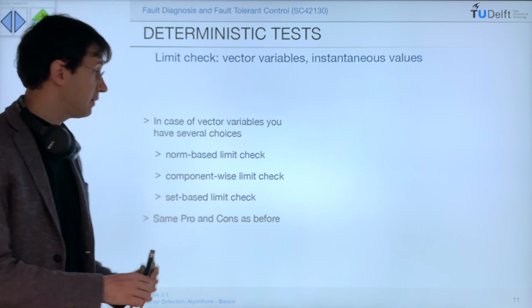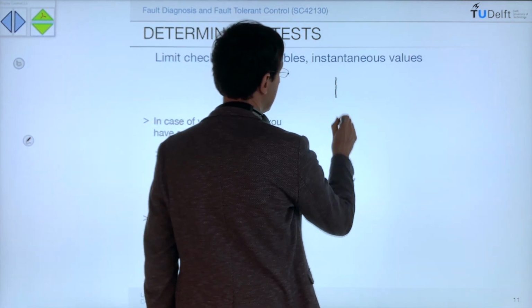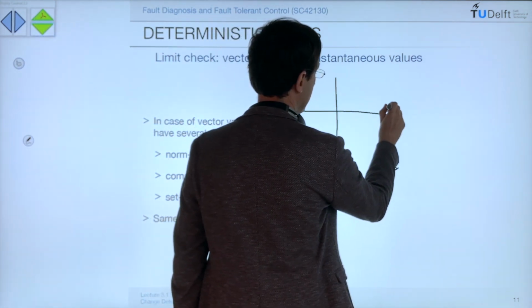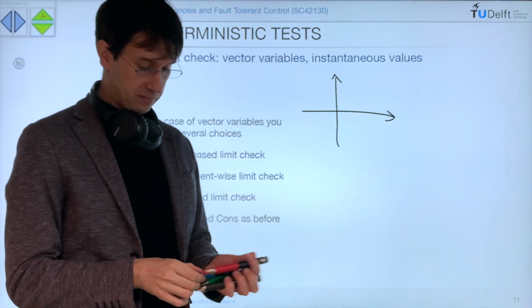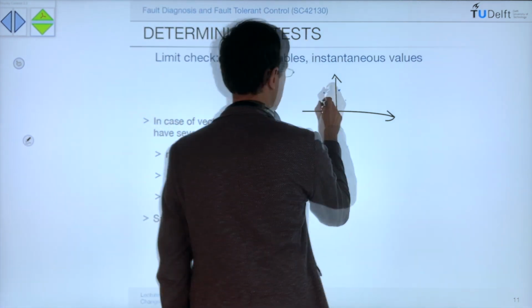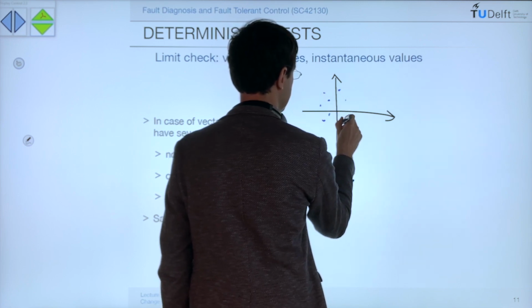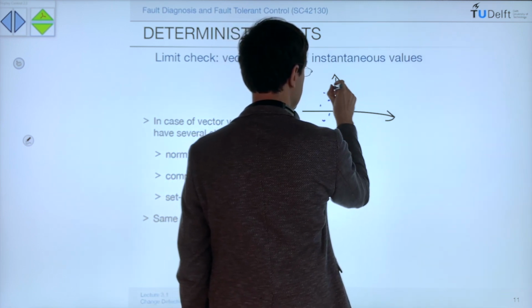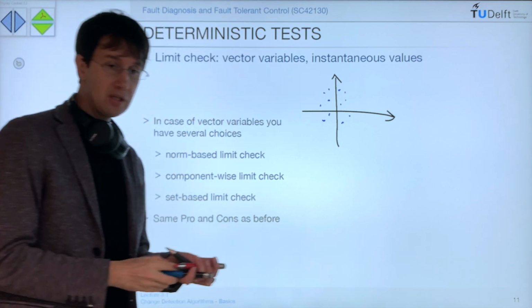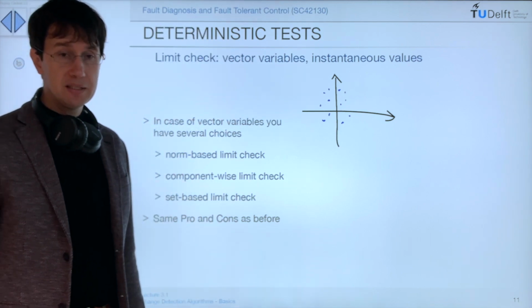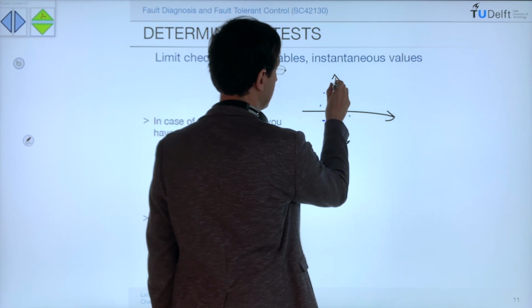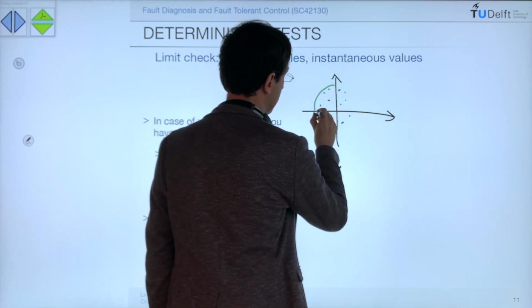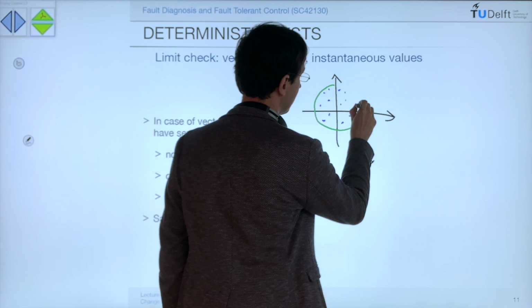This means, as we have just shown, that we look at possible values of this vector, and we define a limit based on the norm, which turns out to be a boundary that is a circle.